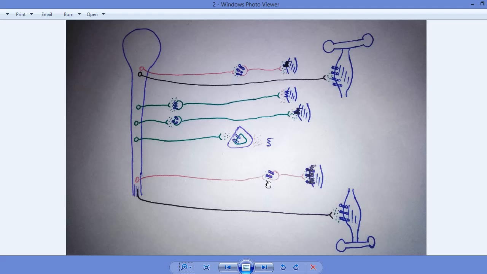Over here, the neurotransmitter is acetylcholine in the parasympathetic nervous system. Over here, acetylcholine is the neurotransmitter in the ganglion of the sympathetic nervous system. And again, over here, acetylcholine is the neurotransmitter.